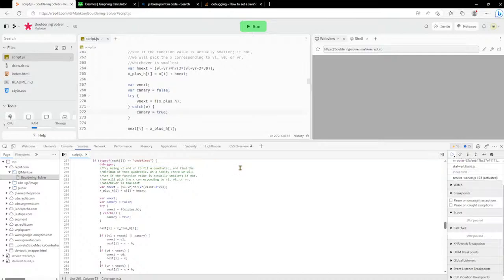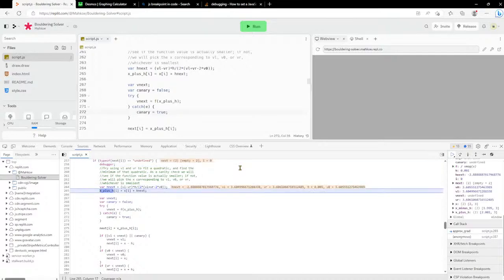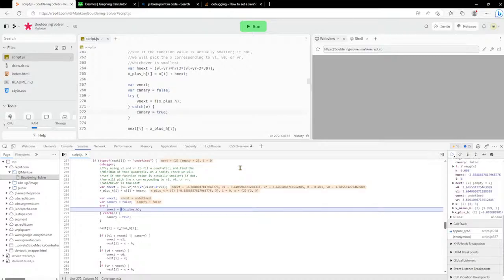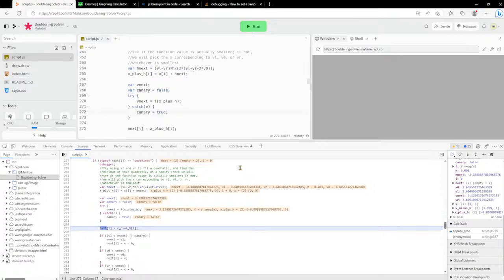F10. So my V0 is 3.6, my Vnext is 3.1, my VL is actually smaller than my, oh no. Oh yeah, my Vnext is the best, yeah. So Vnext is the best for sure.